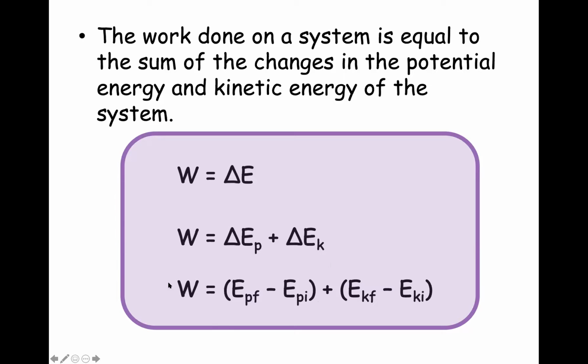So this formula will be helpful for us if we know the initial potential energy, we know the work done, and we know these two, if we're just trying to solve for the final potential energy. You can play around with these formulas to isolate what you need given the information on that particular question.